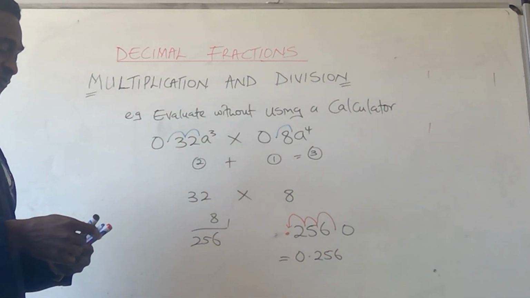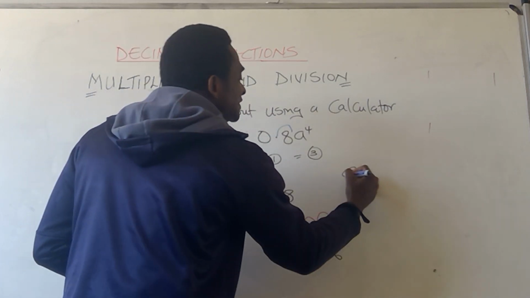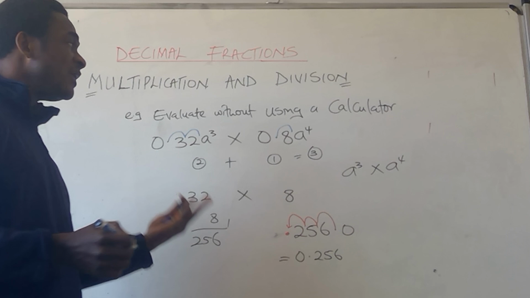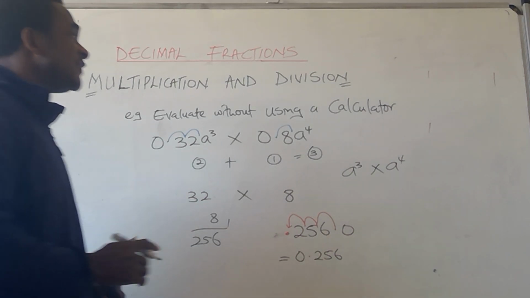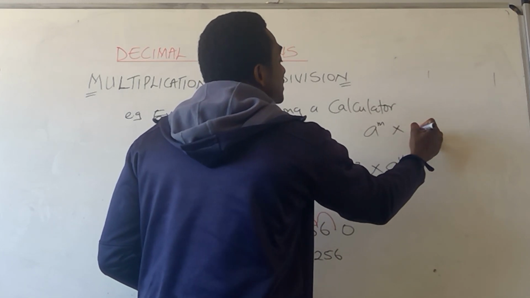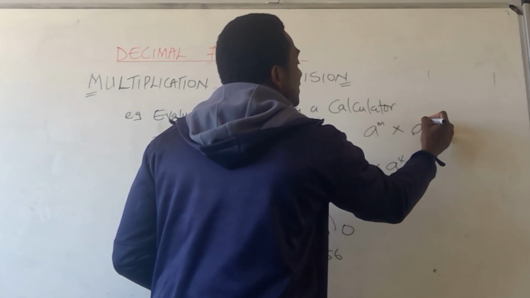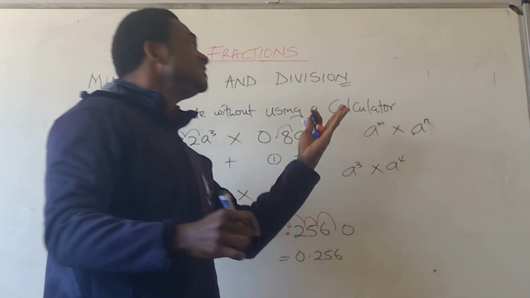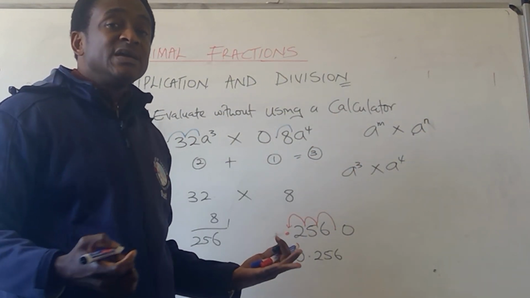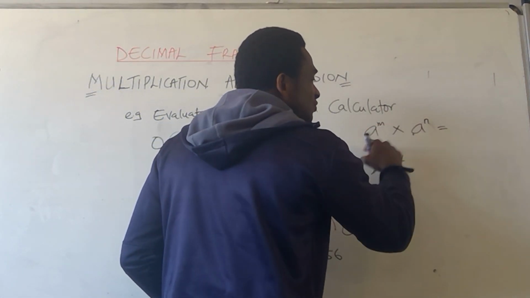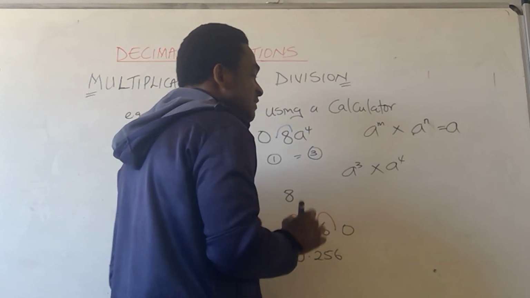Let's look at the variable involved in this. The variable says a cubed times a to the power of 4. You can do them together, you can do them in bits. The laws of exponents say that if we have any exponent multiplying another exponent, but they have the same base, for multiplication we should use a common base.